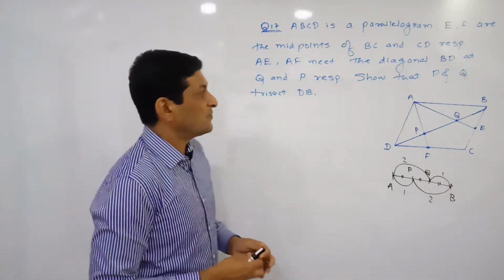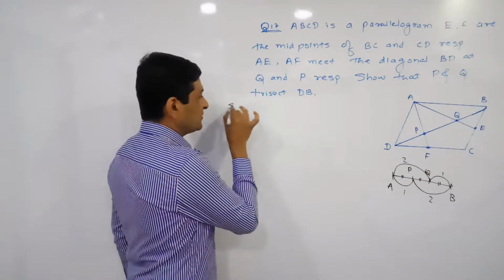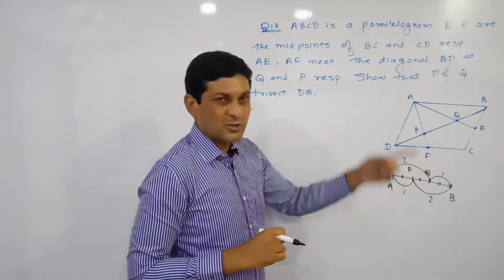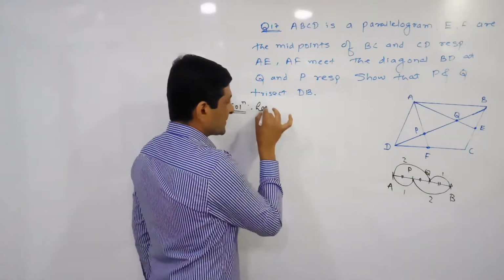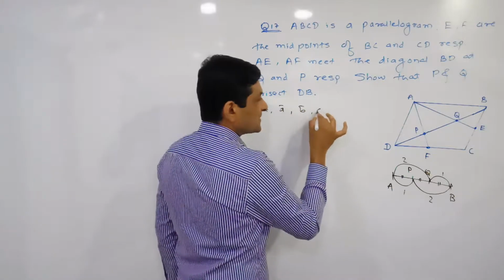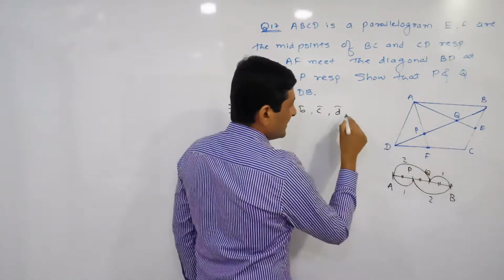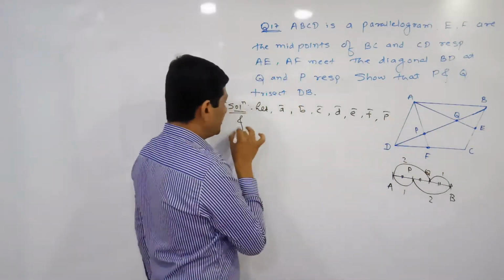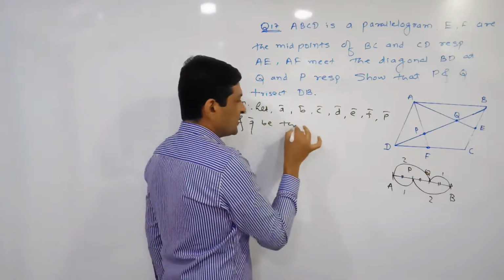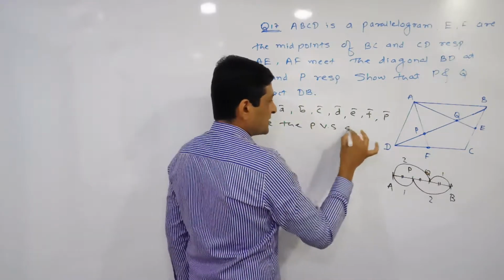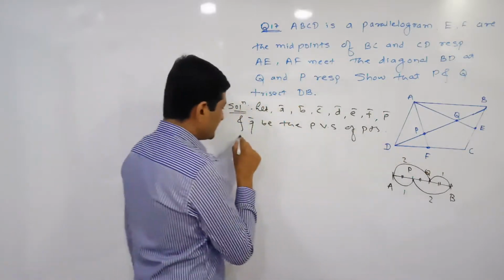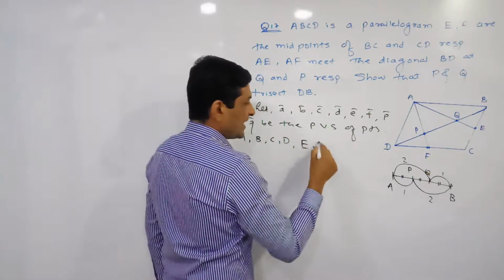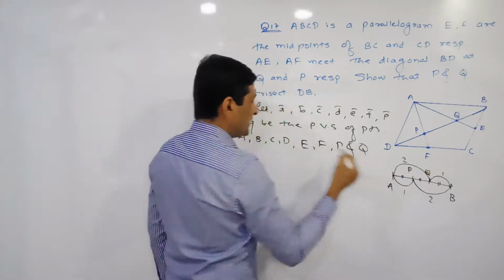Well, now first from the given condition, let us see what result we are getting. Since we are using the vector method, let us define the position vectors of all the points. Let A bar, B bar, C bar, D bar, E bar, F bar, P bar and Q bar be the position vectors of points A, B, C, D, E, F, P and Q respectively.